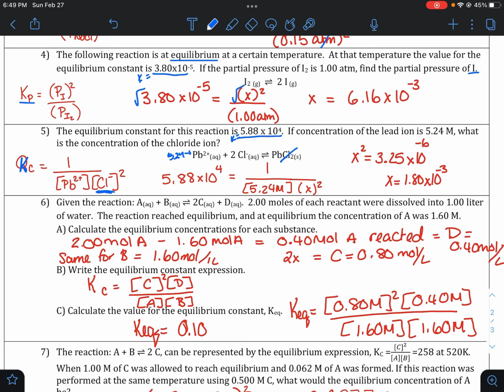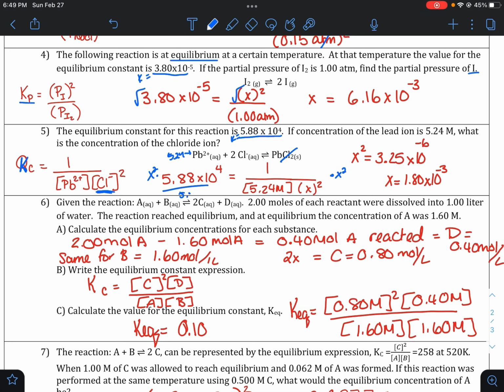All right, so this turns into a little bit more complex of a problem. So we have 5.8 times 10 to the 4th is equal to this fraction here. Okay, so what you can do in order to get this by itself is we are going to flip our x and our K value. All right. So what you do mathematically is you multiply both sides by x squared, right?